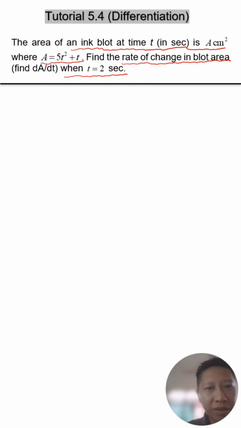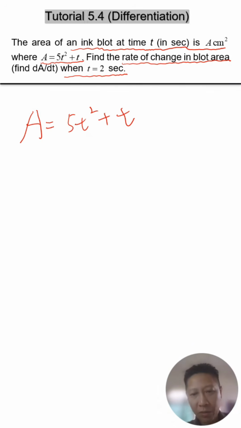We are given the relationship, that is, the function is 5t squared plus t. When we read the question, it asks us to find the rate of change in blot area, that is, to find dA with respect to time.